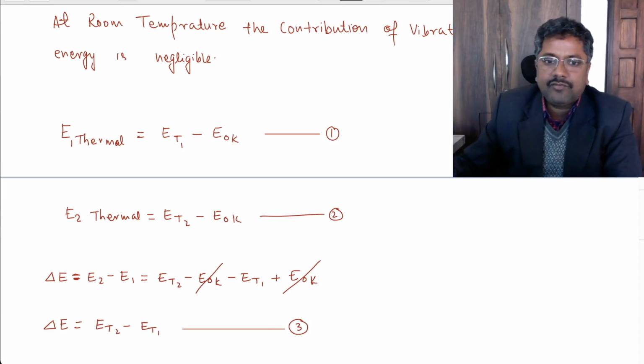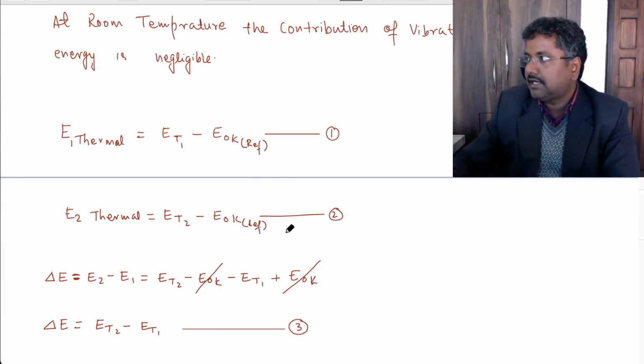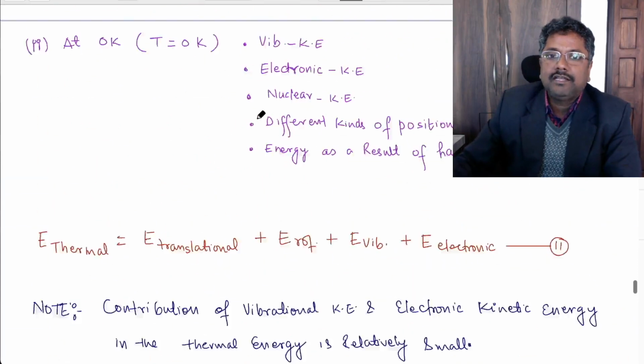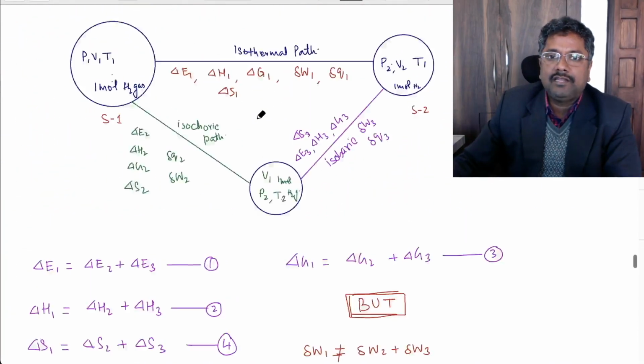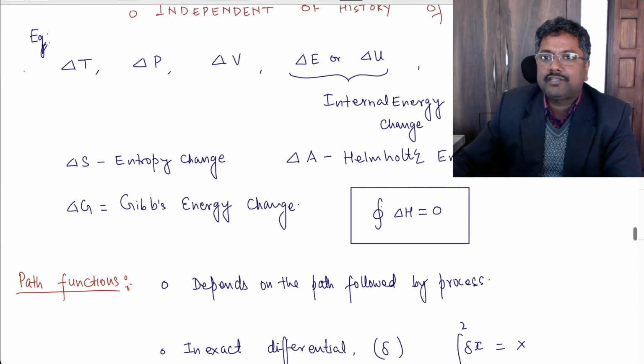So why we prefer to evaluate the difference? This is the reason, because this is the reference. The reference is energy of the system at 0 Kelvin. So if you have observed, then in every state function, thermodynamic function, I have written here change, enthalpy change, internal energy change, entropy change, right?